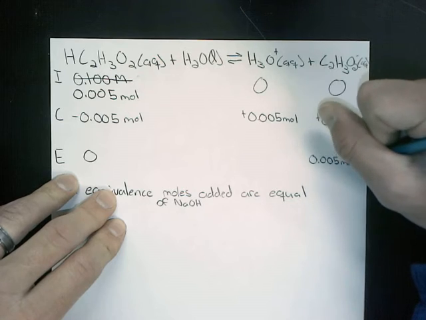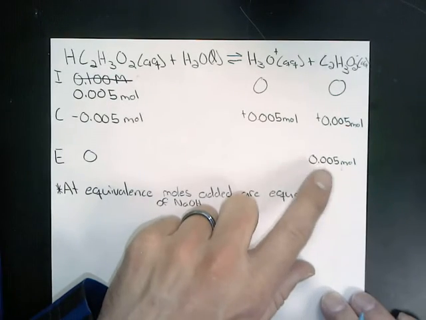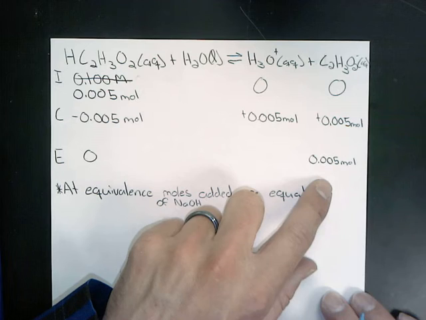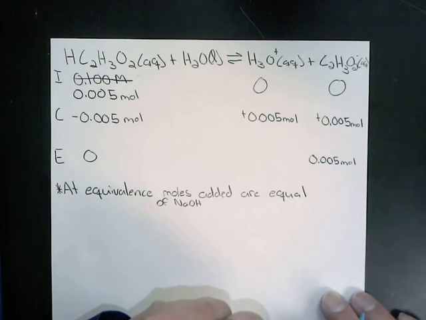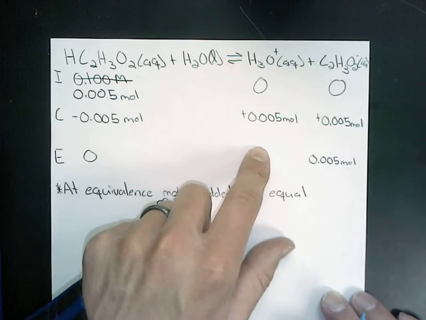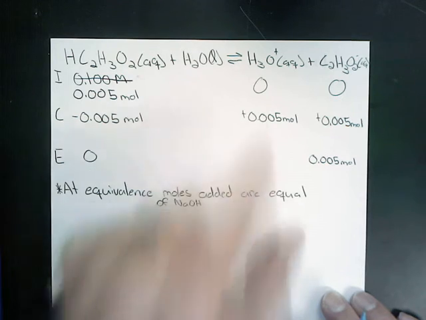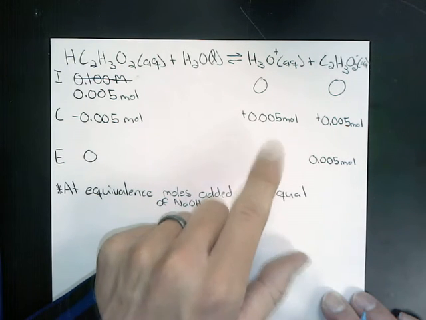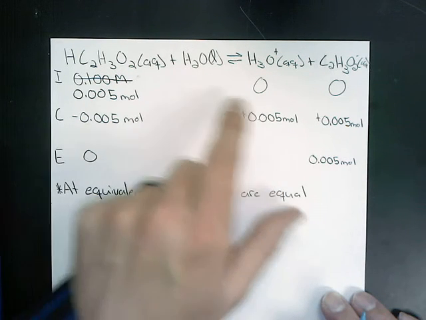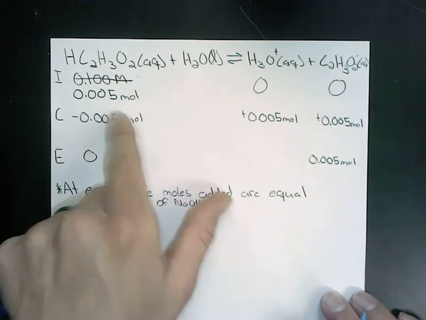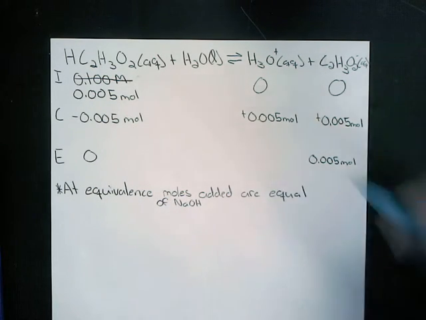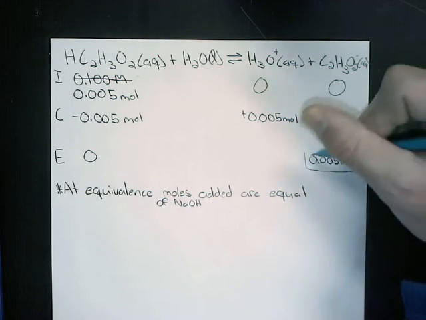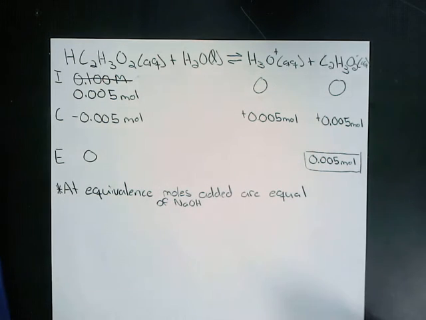At our equivalence point, we have 0.005 moles of our weak base. Yes, we would have some hydronium ion, but all of this hydronium is reacting with our other substances, so we need to concentrate on this. At equilibrium, we have 0.005 moles of our acetate ion, okay?